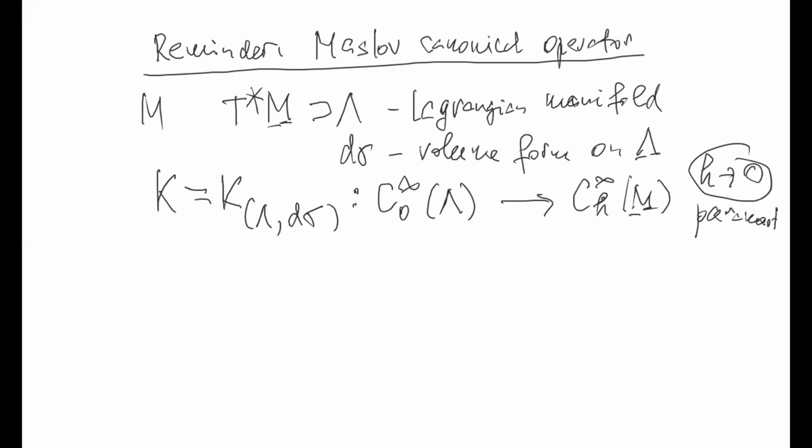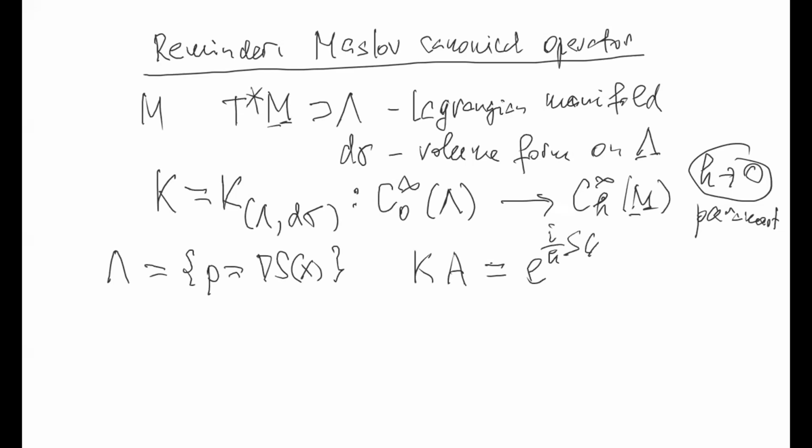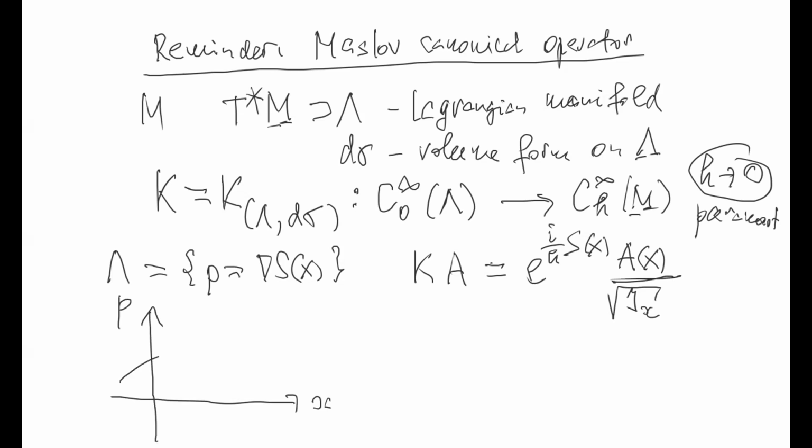For example, the simplest case is if lambda is the graph of gradient of some function. Then K A can be written in the form of, X, A of X divided by the square root of G of X. Here, maybe, the picture X, P. So this is our manifold lambda.